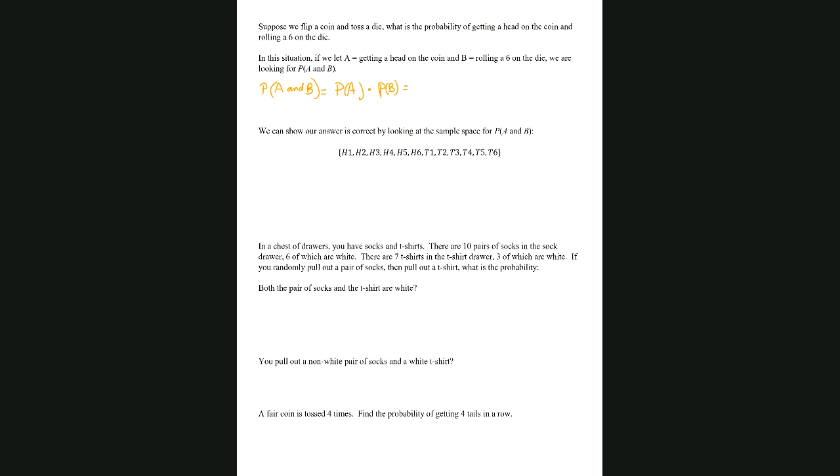So the probability of A, the probability of getting a head on the coin, well, we already know from a previous lesson that the probability of tossing a coin and getting heads, or tossing a coin and getting tails, is 1/2, because there are 2 outcomes and we're looking at one of them.